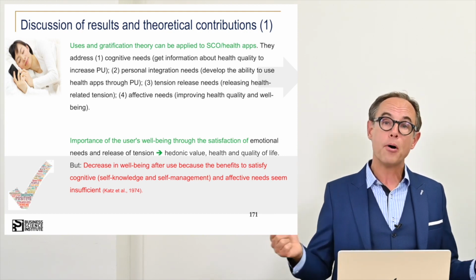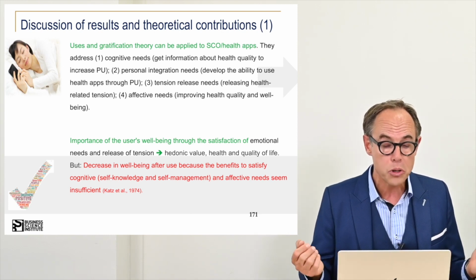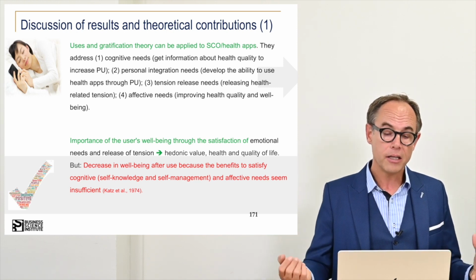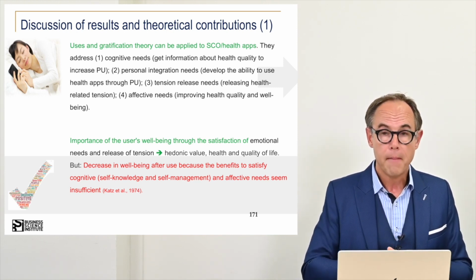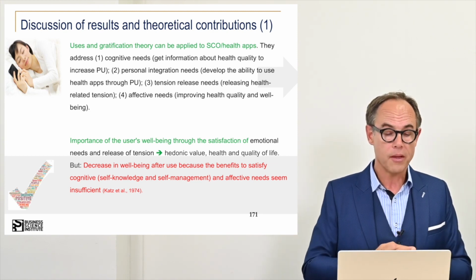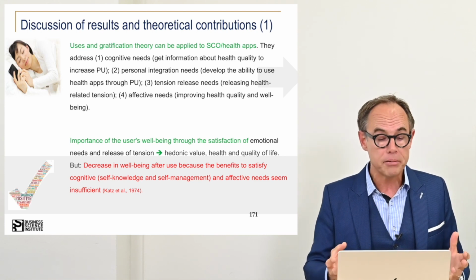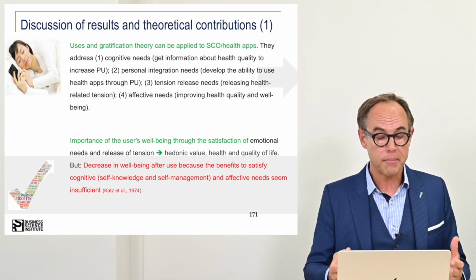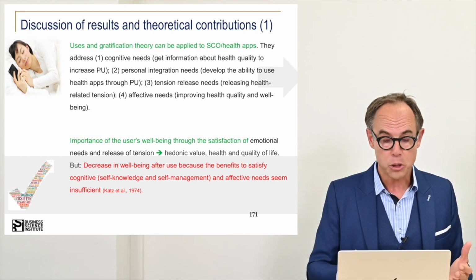We show again the importance of well-being through the satisfaction of emotional affective needs and release of tension needs. So hedonic value, health, and quality of life are very relevant variables, but after usage there's a decrease in well-being because the benefits do not appear high and do not really satisfy customers through the increased self-knowledge and self-management.